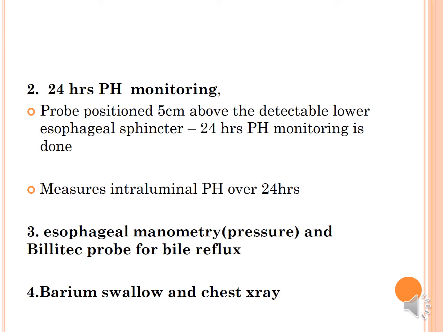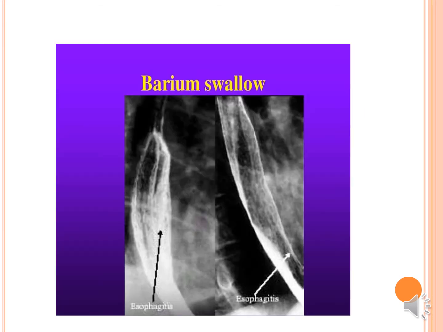Other investigations are the barium swallow as well as the chest x-ray. This is the condition you see in a barium swallow, where you get esophagitis in gastroesophageal reflux disease.